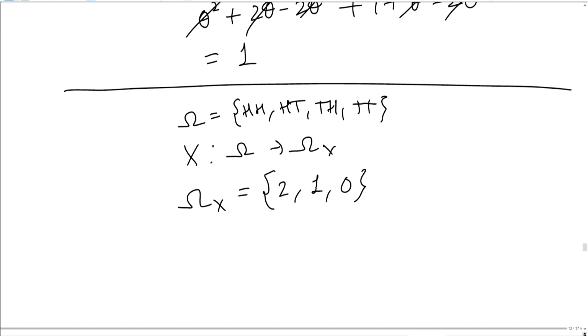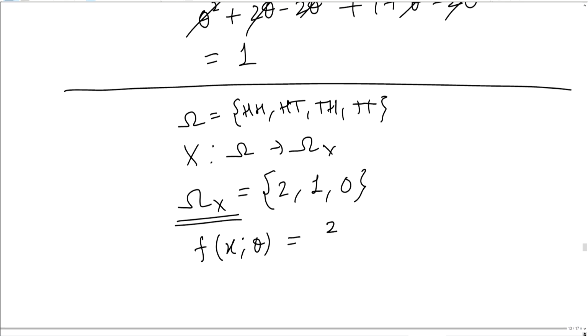So, it counts the number of heads in the outcomes in omega, right, and you can think of the mapping. So, this maps to 2, this maps to 1, this maps to 1, this maps to 0. Okay. Now, we define a probability assigner function on this new space omega x.